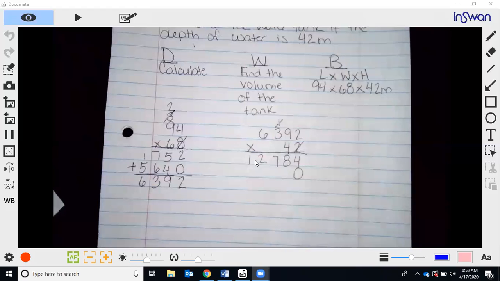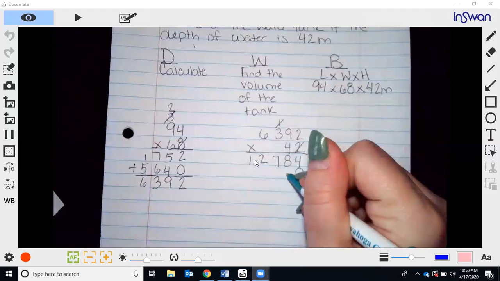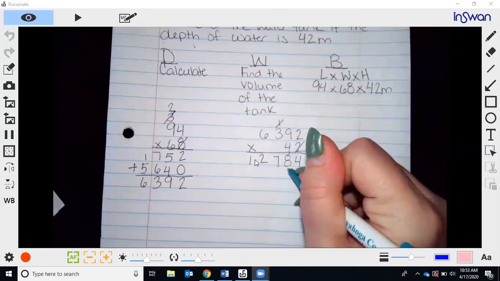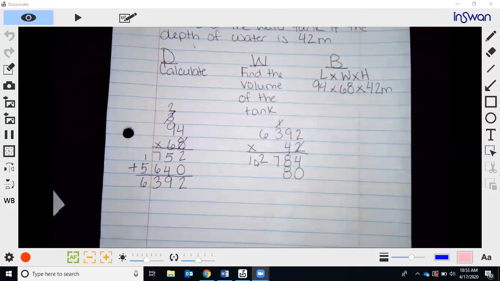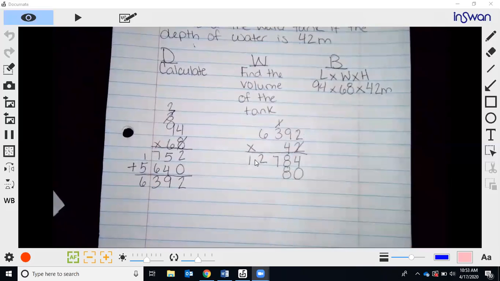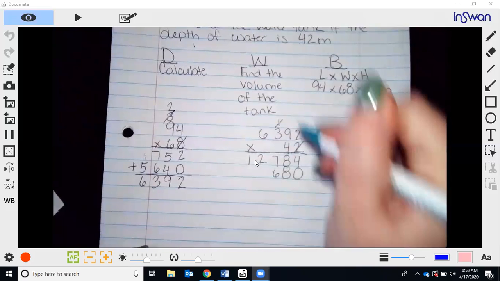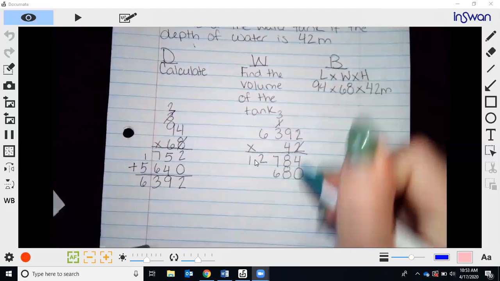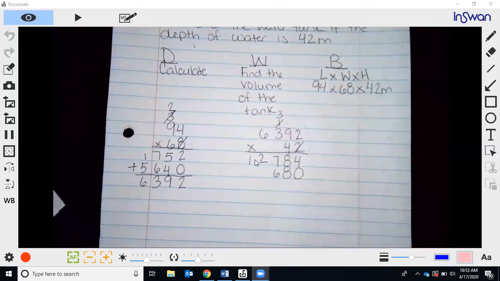Now we need to do 4 times all the numbers on the top. 4 times 2 is 8. 4 times 9 is 36. 4 times 3 is 12.